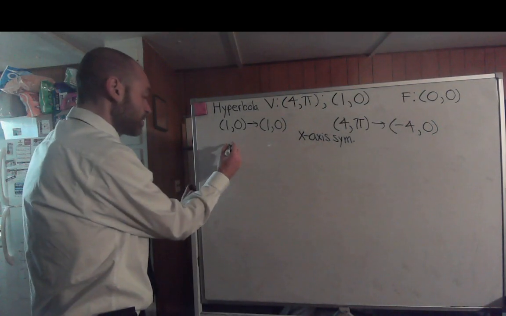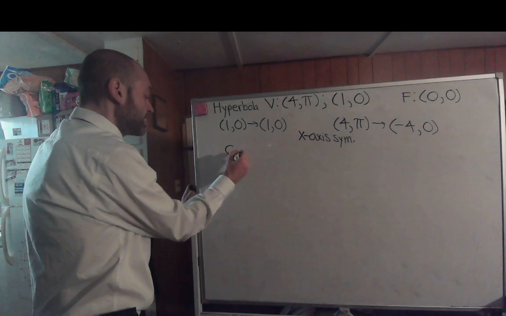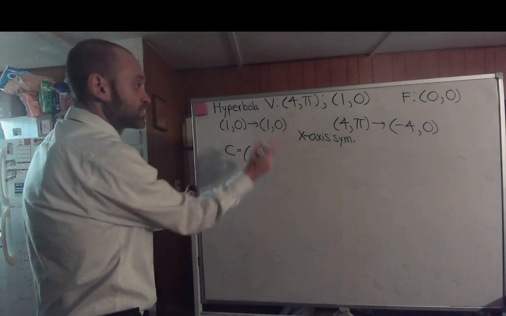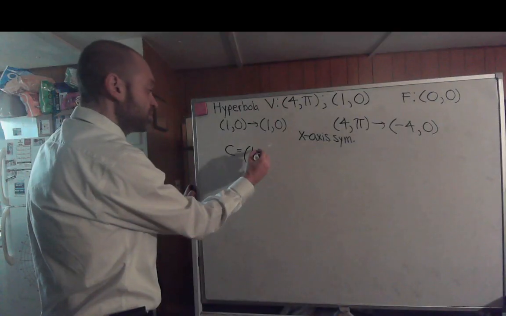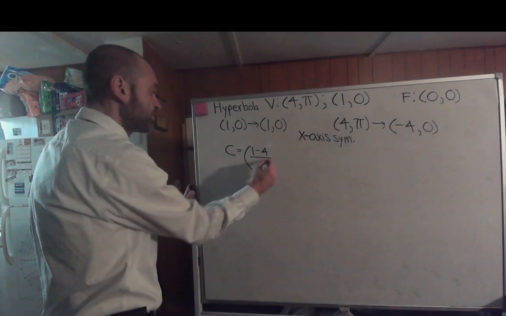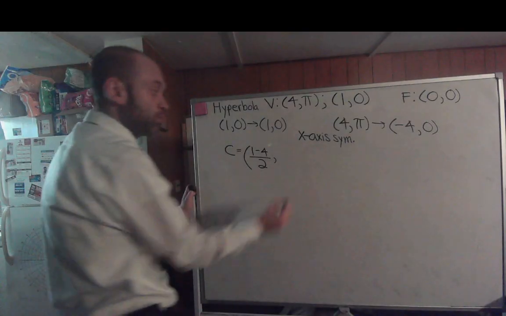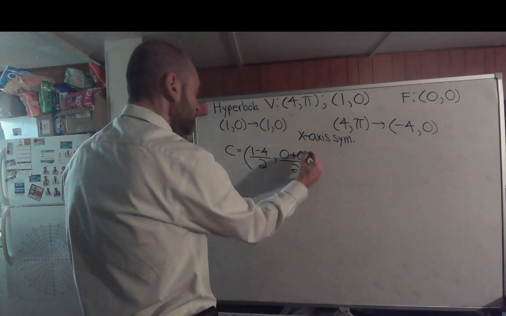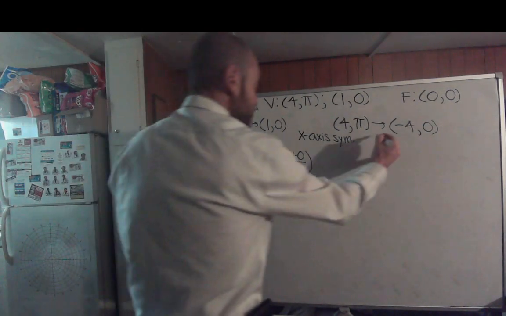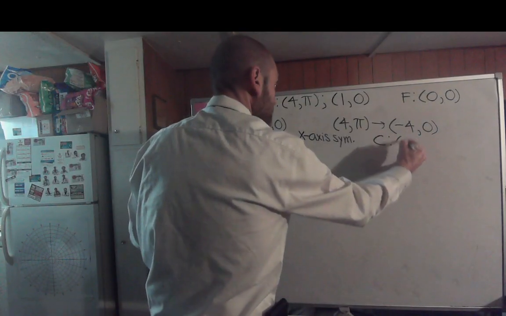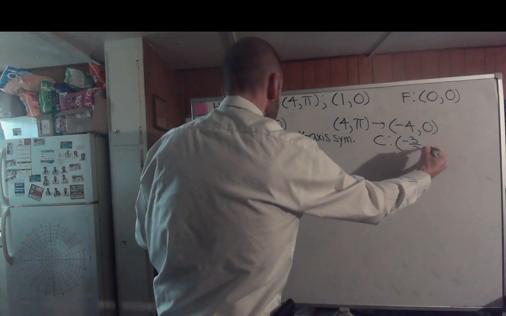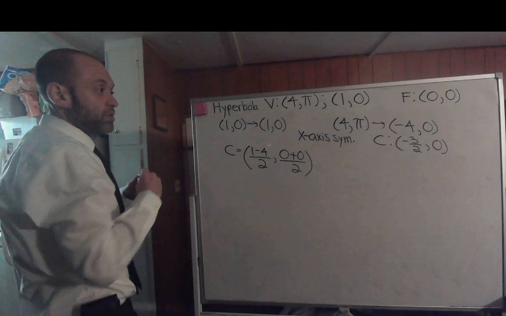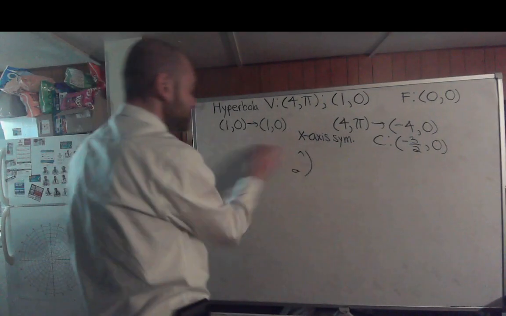So the center, well, that's going to be take your x1 of 1 plus your x2 of negative 4, so 1 minus 4 over 2. y1 and y2 are both 0, so 0 plus 0 over 2. Well, that means your center is none other than (-3/2, 0). So the center of this particular hyperbola is at (-3/2, 0).